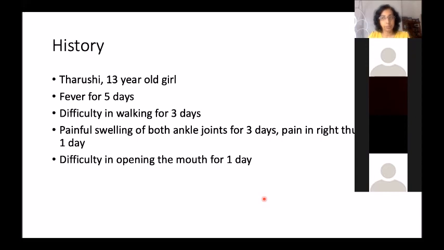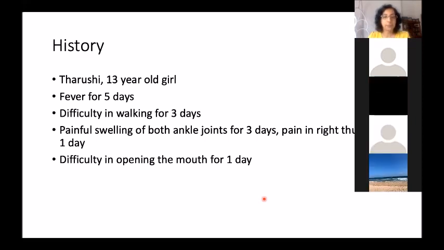Reactive arthritis. Okay, very good. Anything else? I would like to have about 4 possibilities for this presentation. Systemic onset JIA. Okay, systemic onset JIA, good.